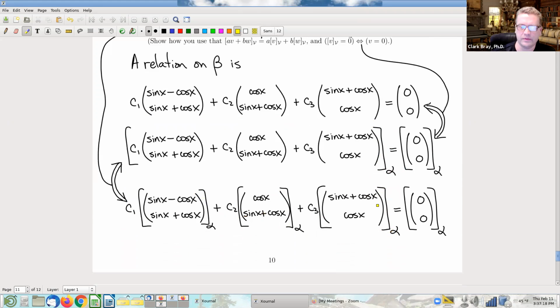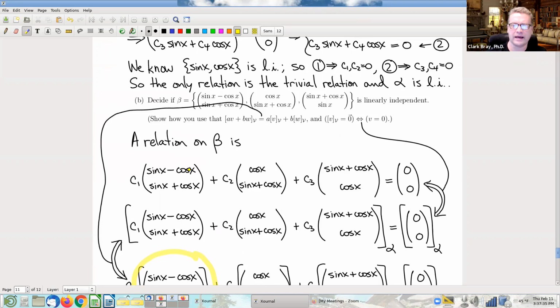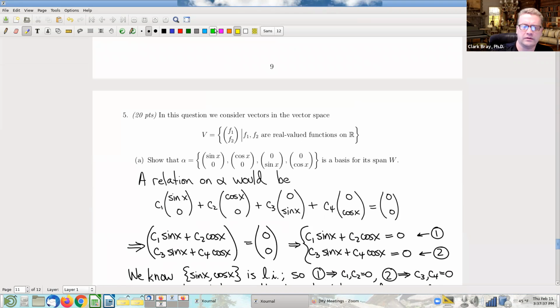So now we have a little bit of details to be dealt with, and you just got to take a look at it and think it through. How am I going to find these individual coordinates? I actually do need to know them for this question, and it's not that big of a deal. Let's look back up at our basis.